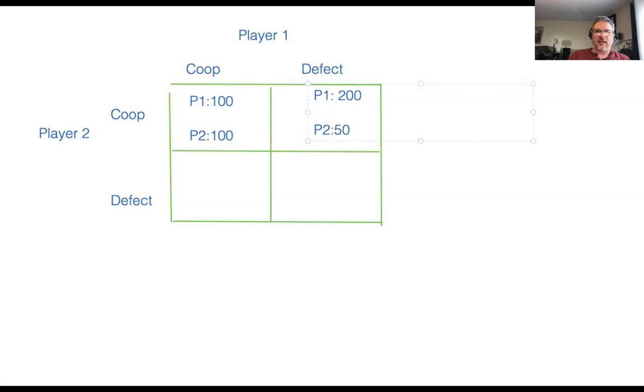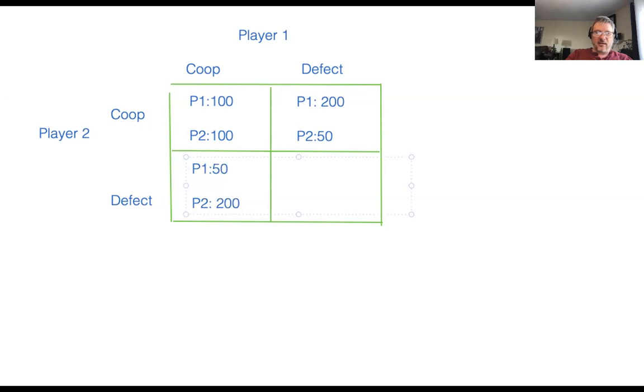And let's see if we can center that nicely. And then the opposite case would be here. So player one cooperates while player two defects. And so player one gets the low profit.